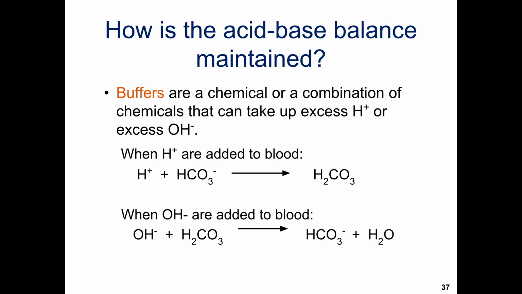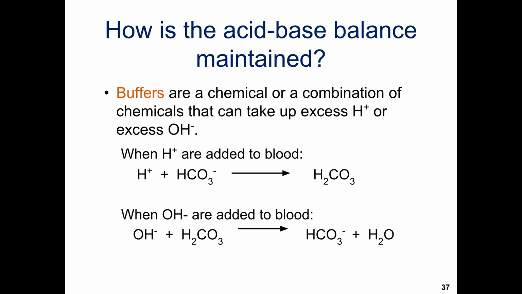So if you take something that is a pH 9 and put it into a certain kind of buffer, that buffer will cause that pH 9 to decrease to 7. Okay? If you take something that's a pH 4 and put it in that same buffer, it's going to cause the pH of that to increase to 7.